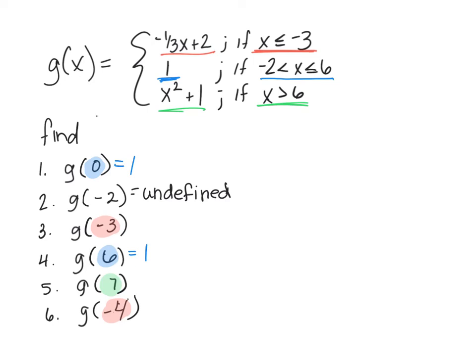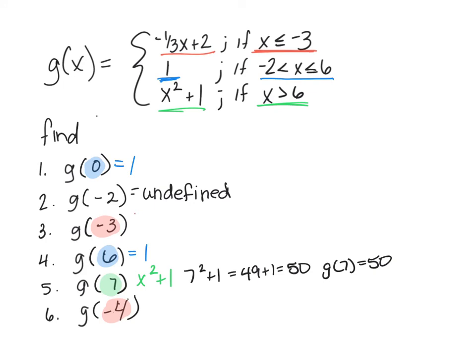Let's do the green equation because it looks slightly easier. X squared plus 1. So we have 7 squared plus 1, which is 49 plus 1, which is 50. So g of 7 equals 50. And of course, you don't have to do them in any specific order.